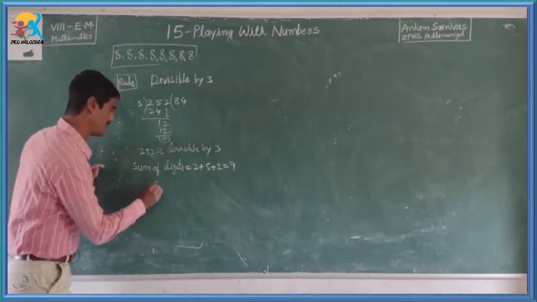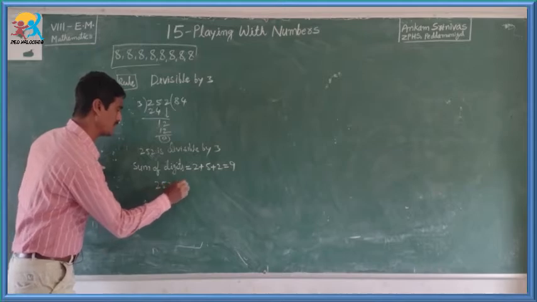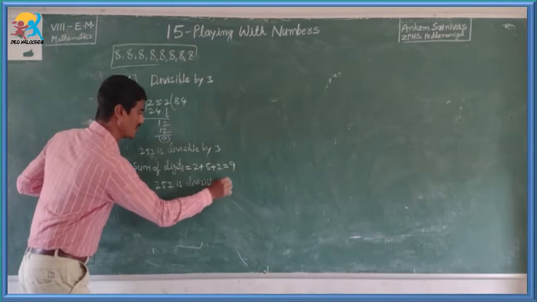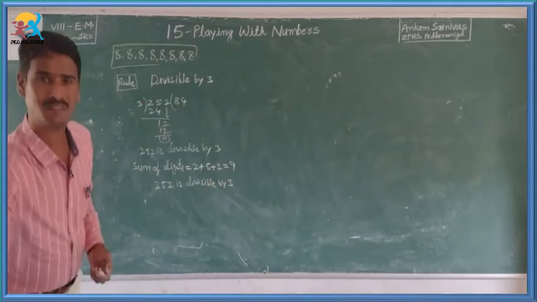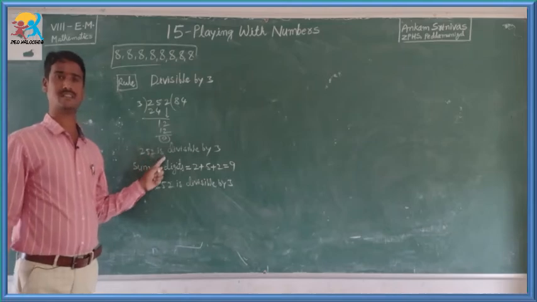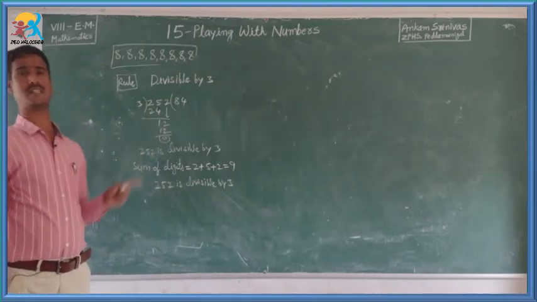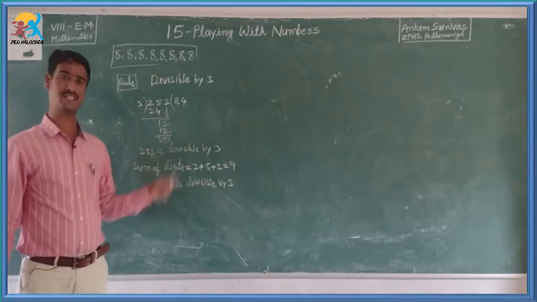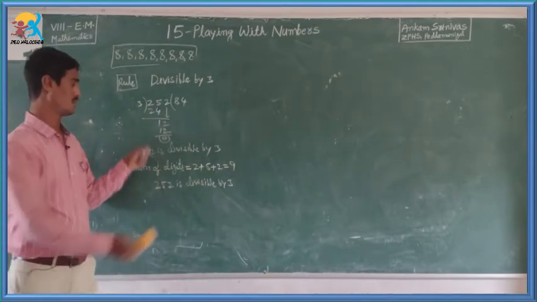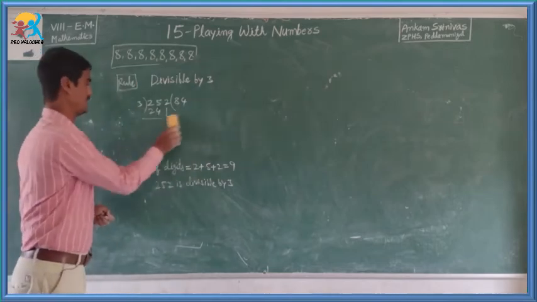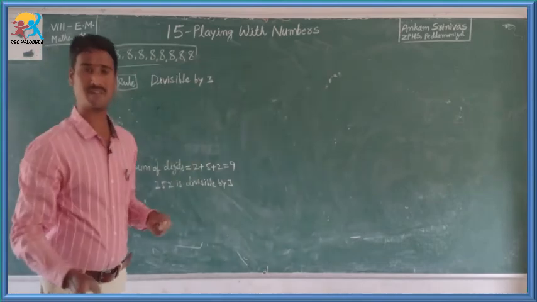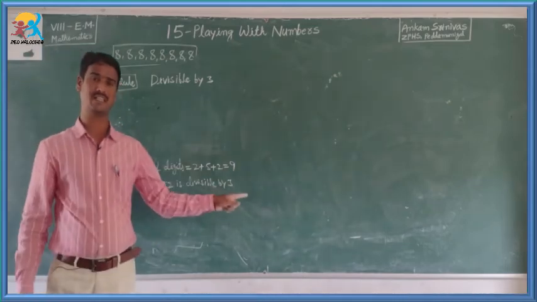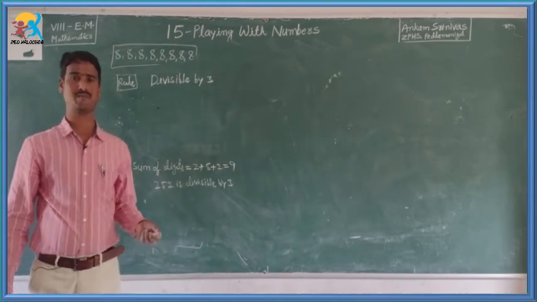So the given number 252 is divisible by 3. Very easy, no? Suppose I give a 7-digit or 6-digit number, how long would it take to complete the division? To avoid actual division, find the sum of digits; if it is divisible by 3, then the given number is also divisible by 3.